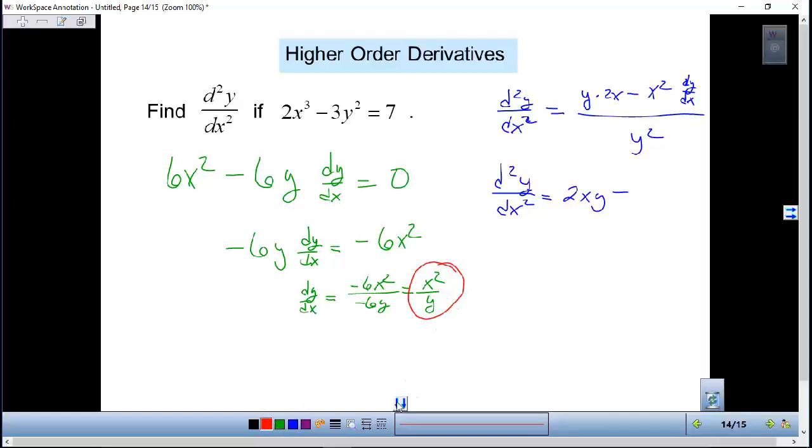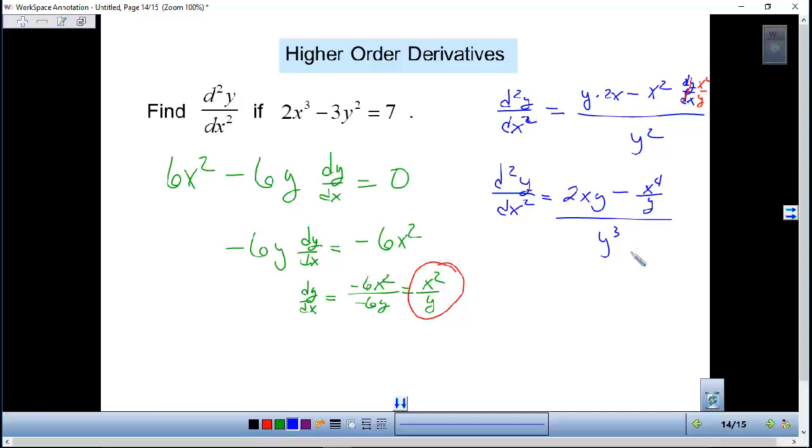It's this thing right here. So you could put x squared over y in place of that. In place of the dy/dx, just put x squared over y. So then when we simplify things, we've got x squared times x squared over y gives us minus x to the fourth over y, all over y squared.